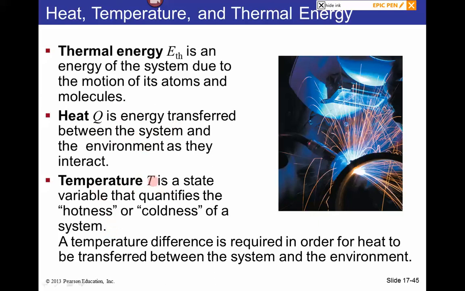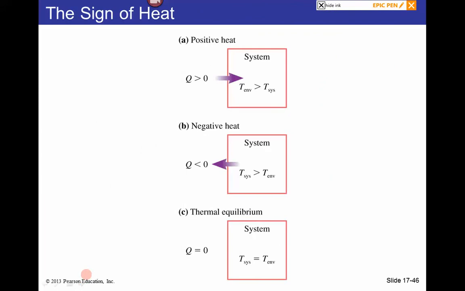Temperature is a state variable that quantifies hotness or coldness of a system. You require a temperature difference for heat to be transferred. So let's look at this table here. If we have a positive heat, that means that energy is being transferred to the system, right? So the temperature of the environment is greater than the temperature of the system.